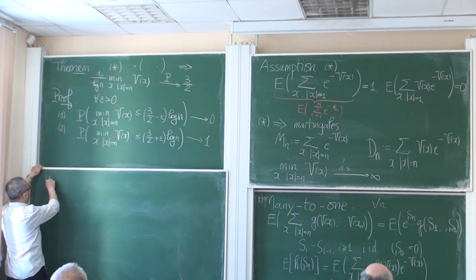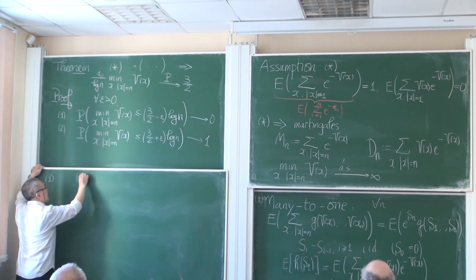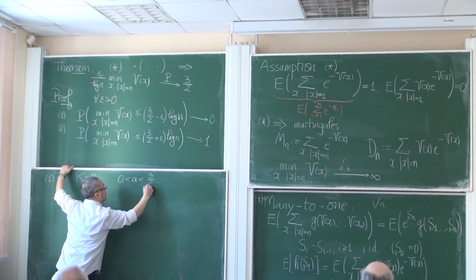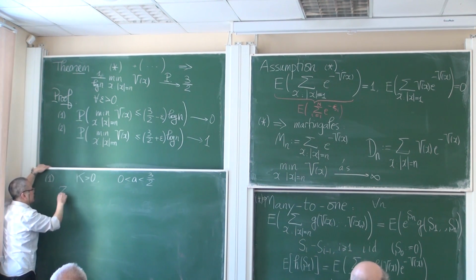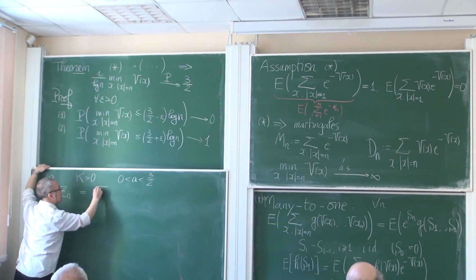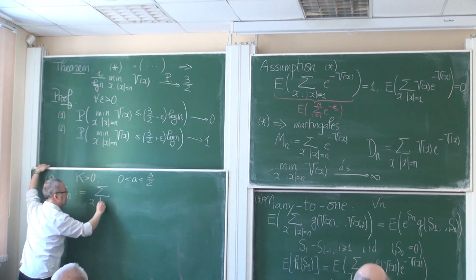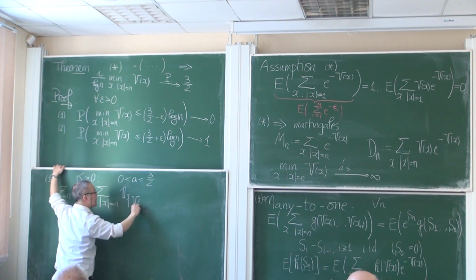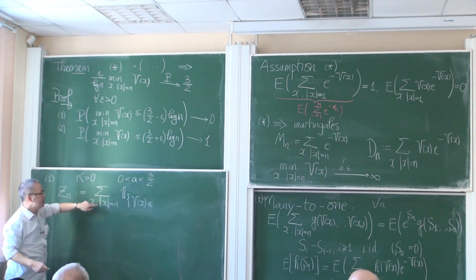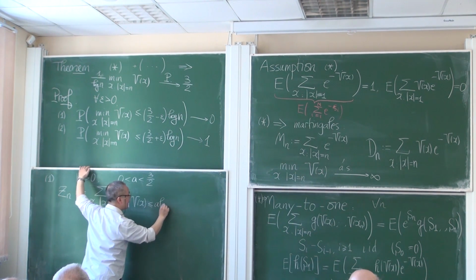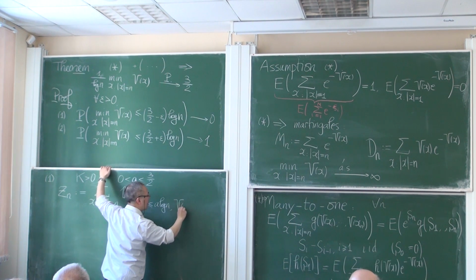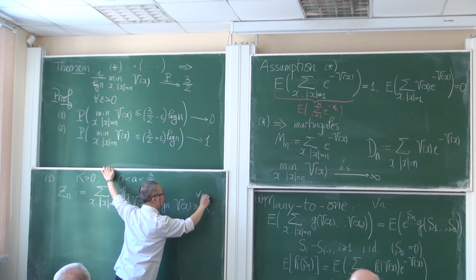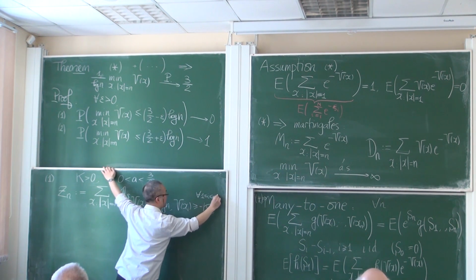If I fix a constant capital K, and I fix a constant a strictly between 0 and 3/2, I count the number of particles in the nth generation such that the branching random walk at this particle is smaller than a log n, whereas all the ancestors are at least minus K. So for everybody, from the beginning until the very end.